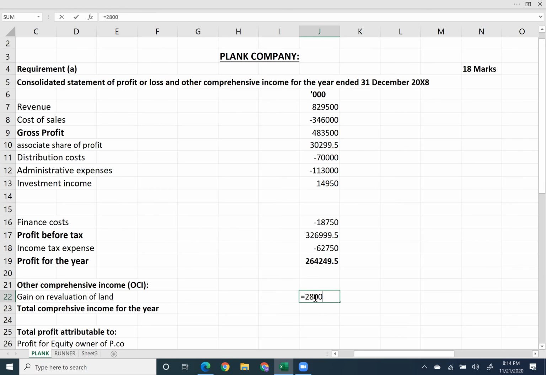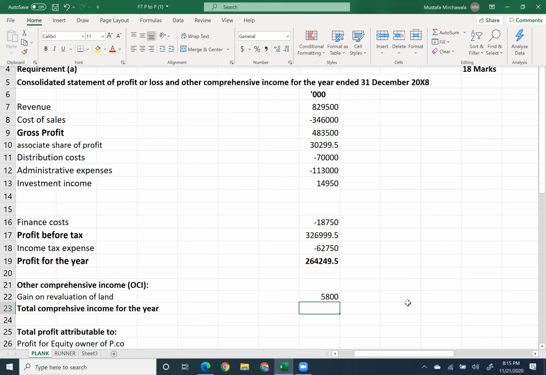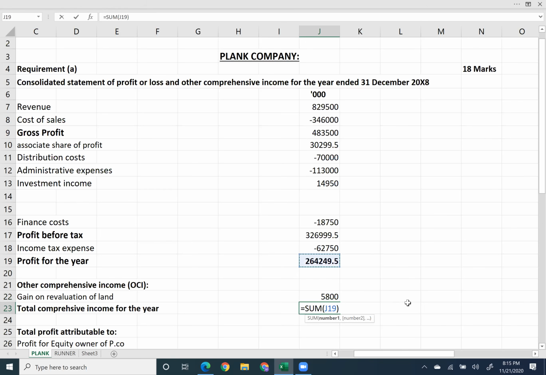So we'll simply add 3,000 to it: 2,800 plus 3,000, so this is 5,800. Now let's calculate total comprehensive income. Total comprehensive income is profit after tax plus OCI. Here you go, this is your total comprehensive income.